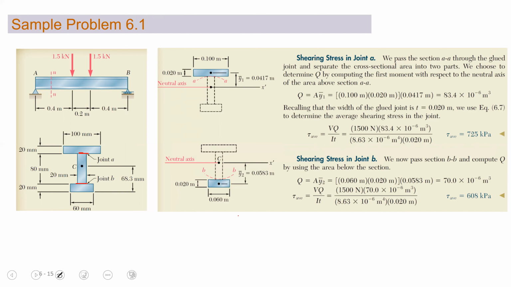So what do we want to calculate? We want to calculate this tau average, or the tau at joint A and joint B. So we want to calculate Q. This is the whole distribution, the dimensions of this one, right? So first is this section of interest. This is a point of interest where the joint A is there, right?